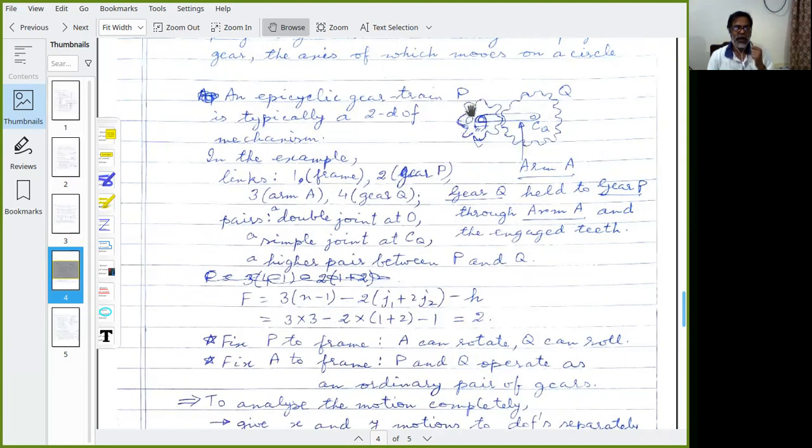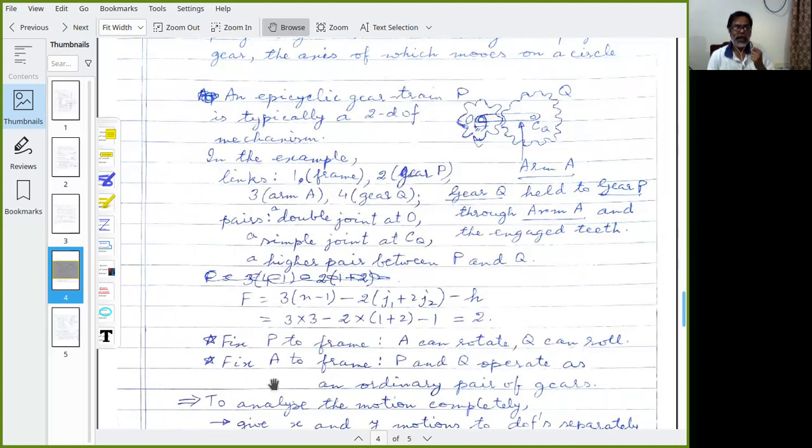If you fix P to the frame, the arm can rotate relative to the frame. As the arm rotates, gear Q will roll over this fixed gear P. So 1 degree of freedom.